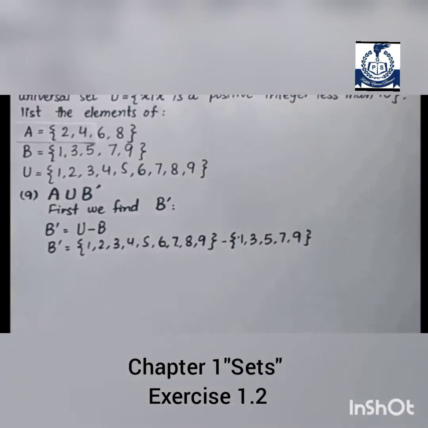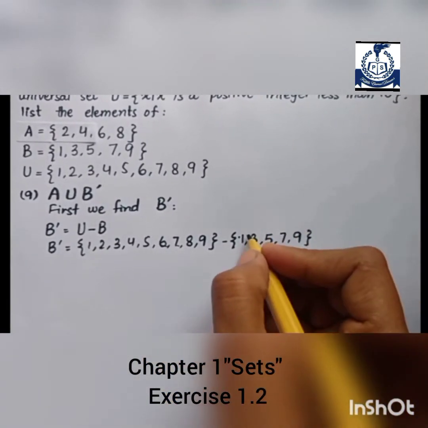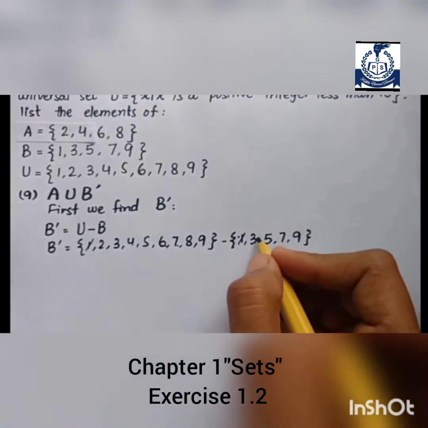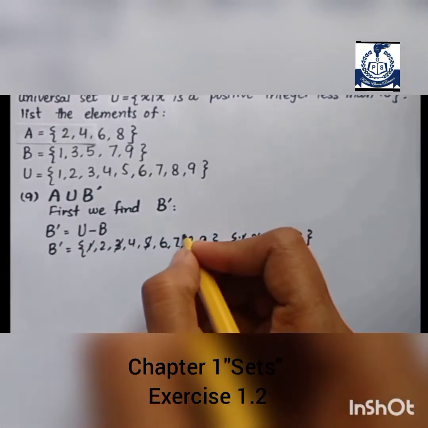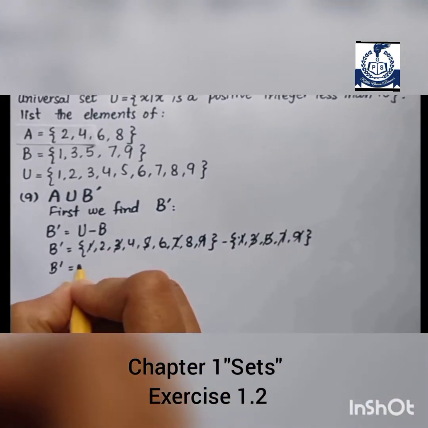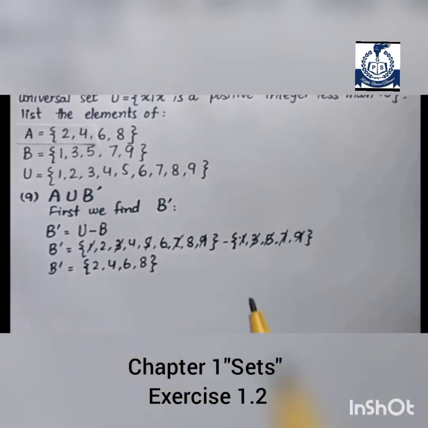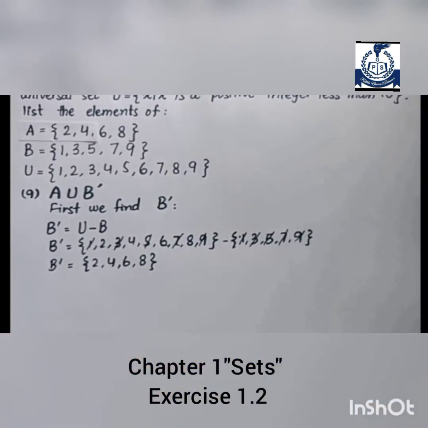We have a minus sign between them, so we cancel out the same elements. 1 cancels 1, 3, 5, 7, 9. So we write the remaining elements. B complement is equal to 2, 4, 6, 8.